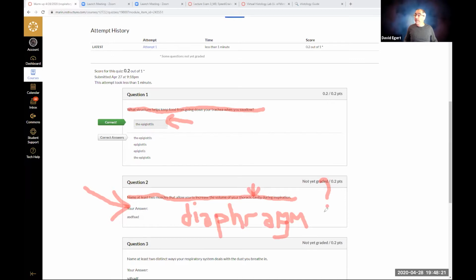What other ones? Scalenes. Scalenes pull up on your ribs as well. What's another little one from the coracoid to your ribs? Minor. Pectoralis minor. So there's a variety of muscles that do this. Okie dokie.